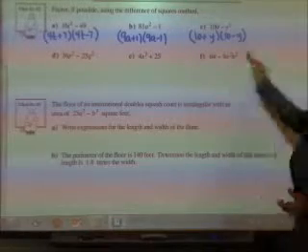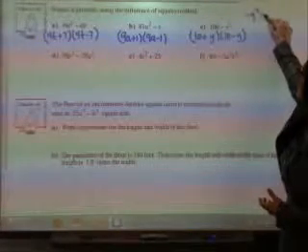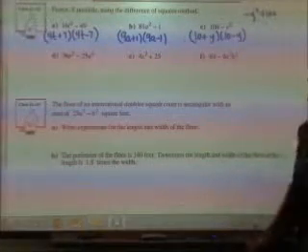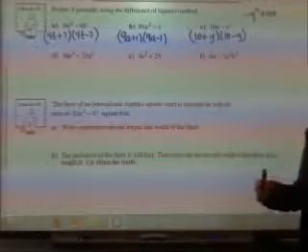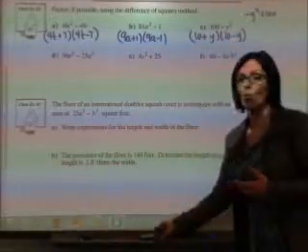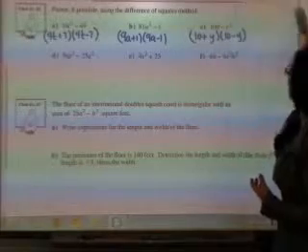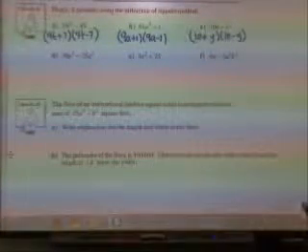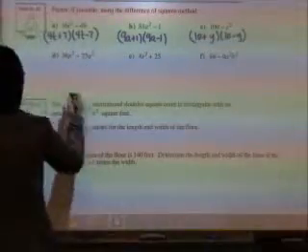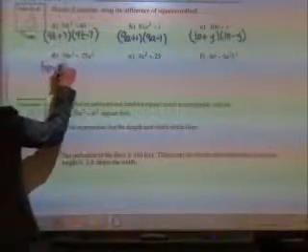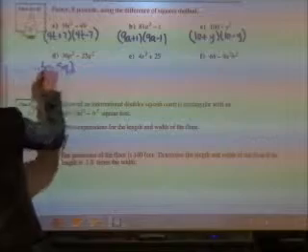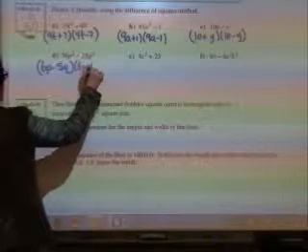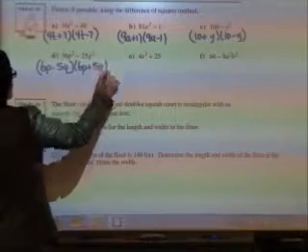Don't rewrite it, because it's just going to be nasty to try to write out. Leave it in the order that it's written. So if I do that with D, I would get 6p minus 5q and 6p plus 5q.